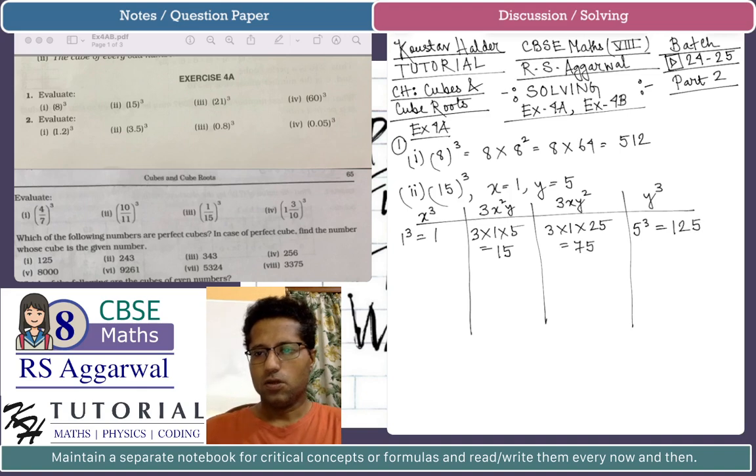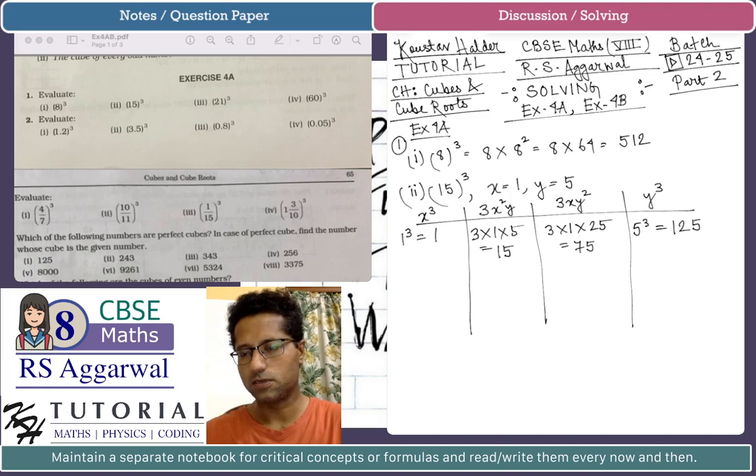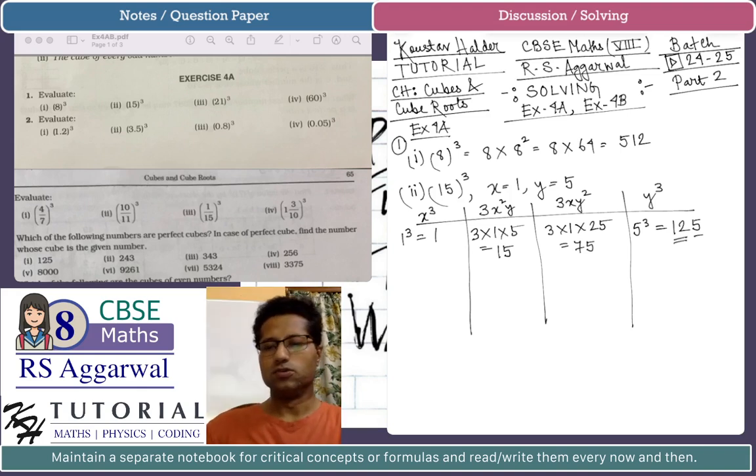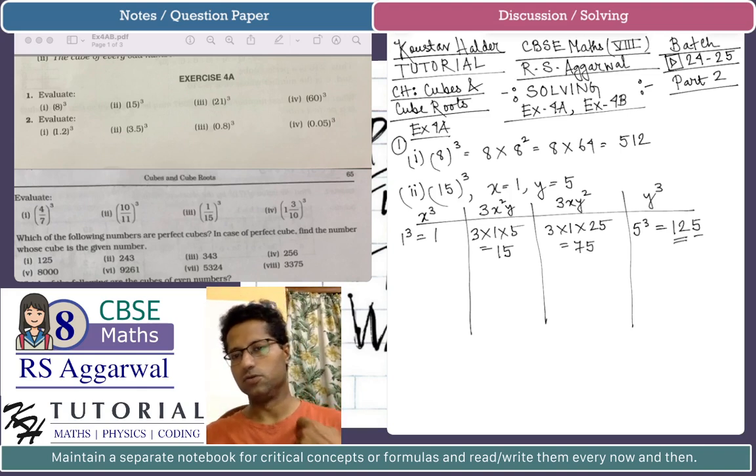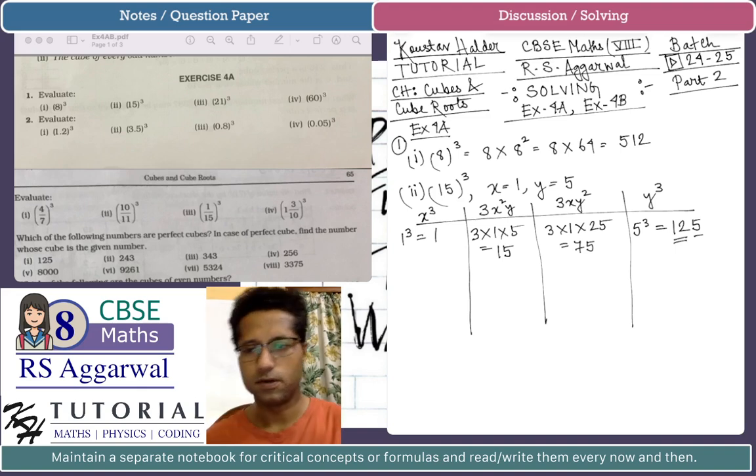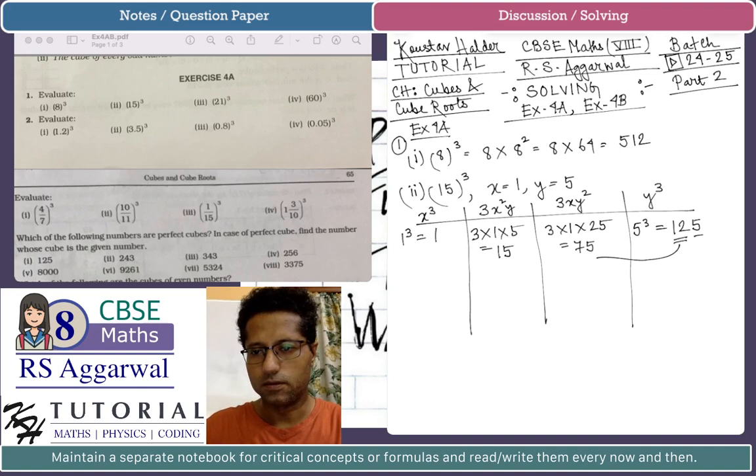Now we start from the rightmost column, that is y cube. You mark the units digit, that is 5, and you see that there are more digits, the extra digits apart from the units digit are 1, 2, which makes the number 12. We have to add this 12 with the value of the previous column, that is 75.